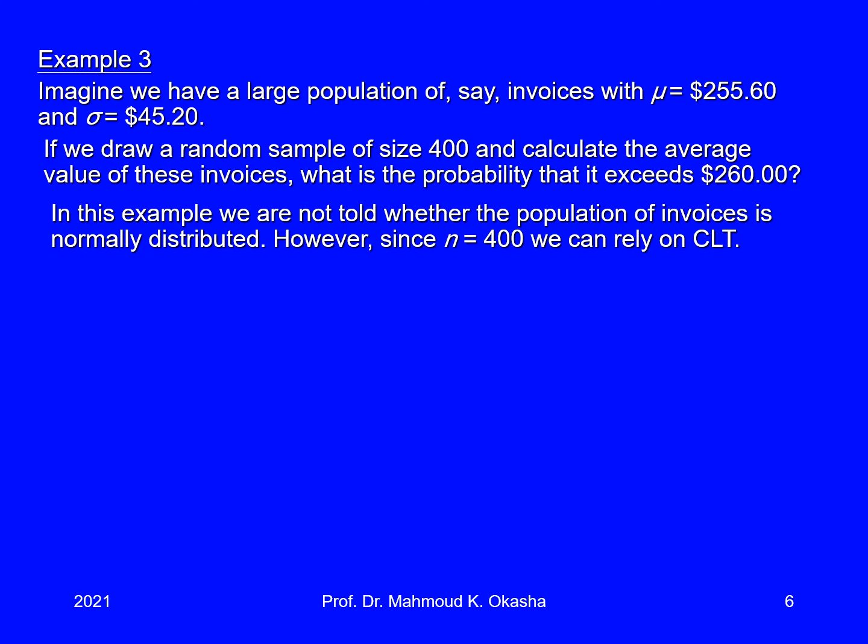Now, if we draw a random sample of size 400, he doesn't mention anything about the distribution of the population, but he gave us a large sample, 400, very much greater than 30, a very big sample. So the sample size n is 400, and we calculate the average value of these invoices, right?